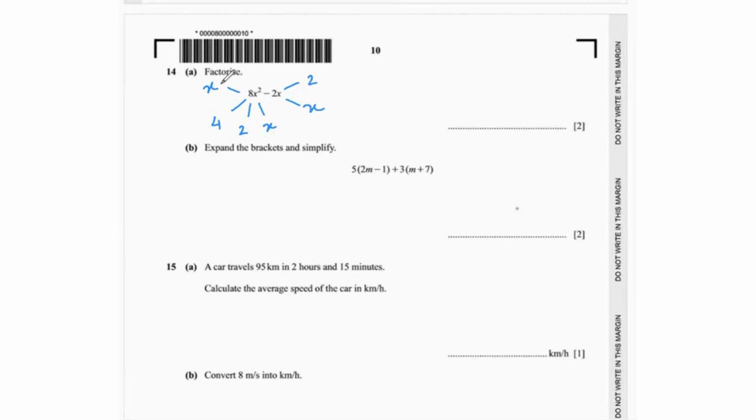So highest common factor over here is the x and a 2. So whatever the highest common factor is, you take that common outside. So 2x, and whatever is left behind comes in the bracket. So that's going to be 4x minus 1. So your factorized version is 2x bracket 4x minus 1.